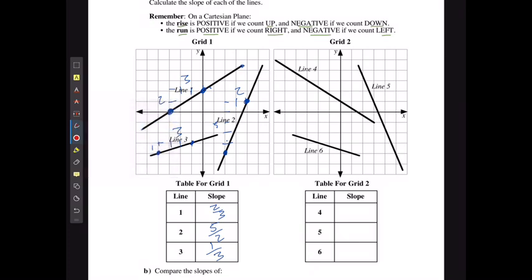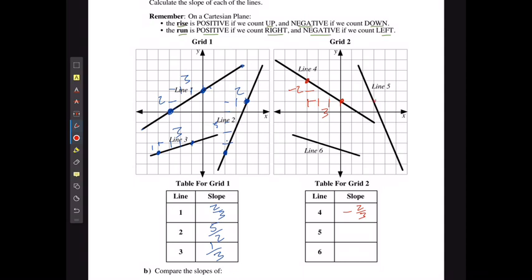If I take a look at grid 2, well, for line 4, if I take a point here and take a point here, then to get from left to right, I had to go down by 2, or negative 2, and then right 3, which means I have a slope of negative 2 over 3.